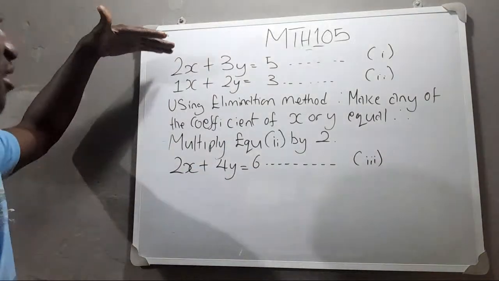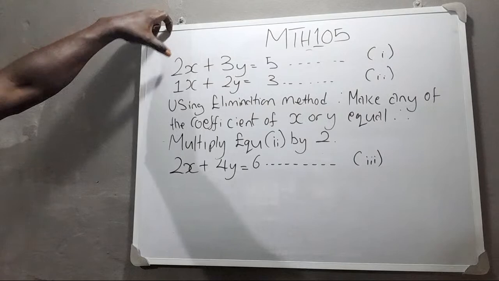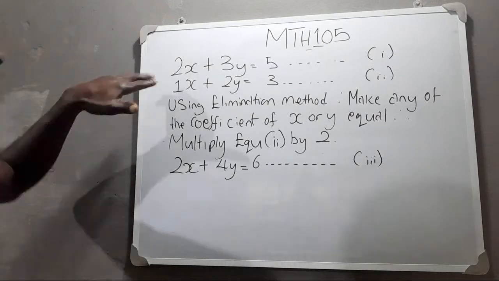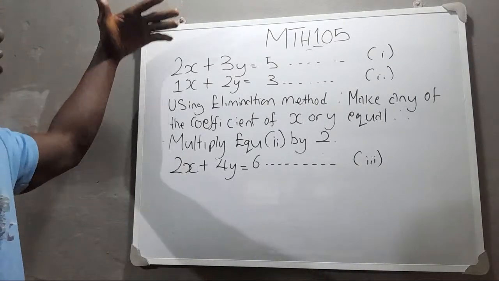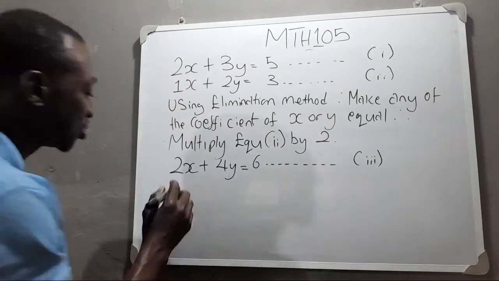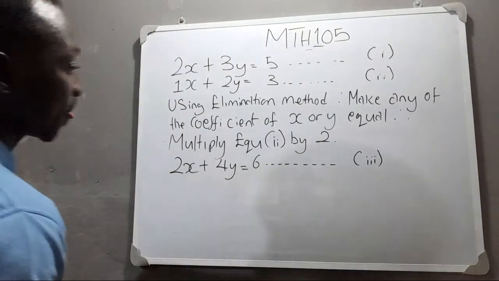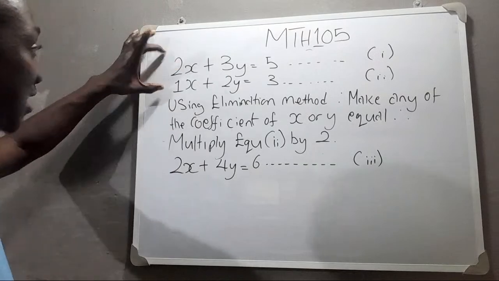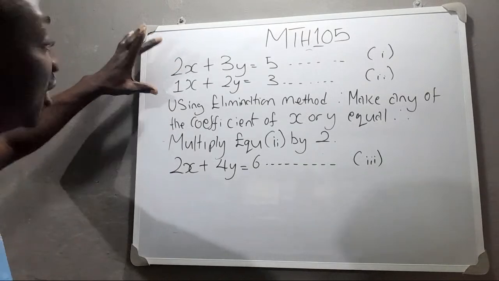Now let's bring down our equation 1 and 2. Now this equation 3 is taking the place of equation 2. I'm trying to manage space, but since it's up here, let's just leave it the way it is.